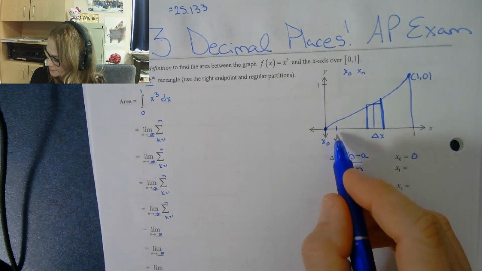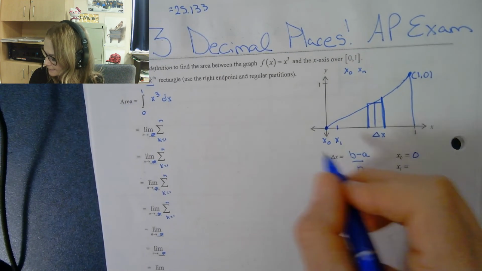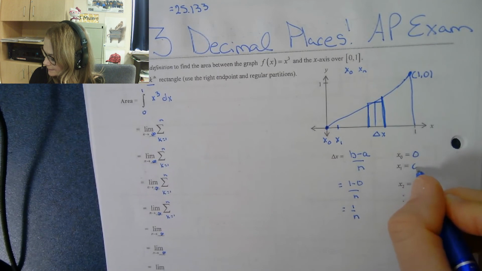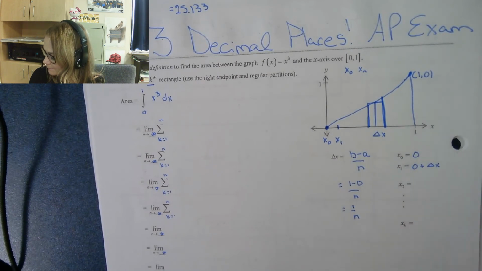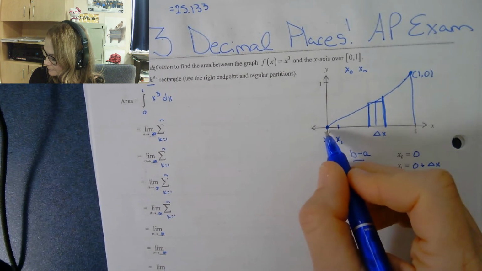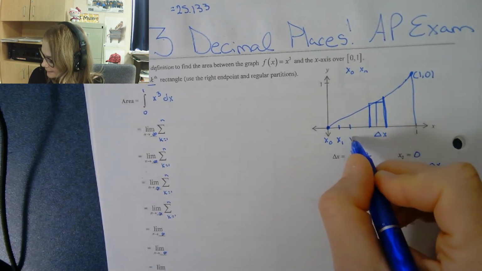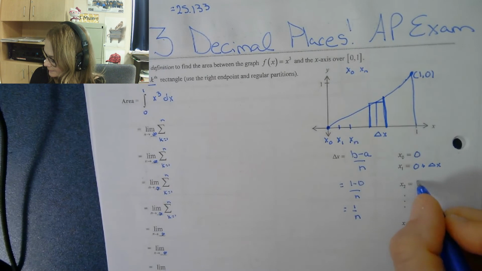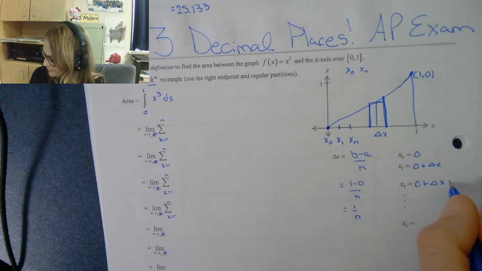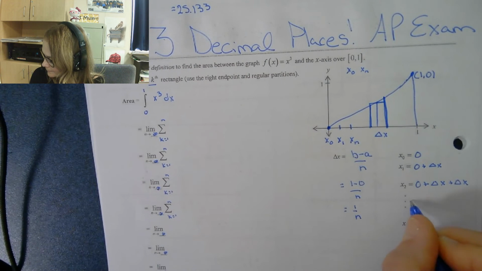All right, so x sub 1 can be indicated by 0 plus a delta x. Okay, that's how we jump there, by this 1 over n. All right, so x sub 2 can be 0 plus delta x plus delta x. So that is 0 plus 2 delta x.